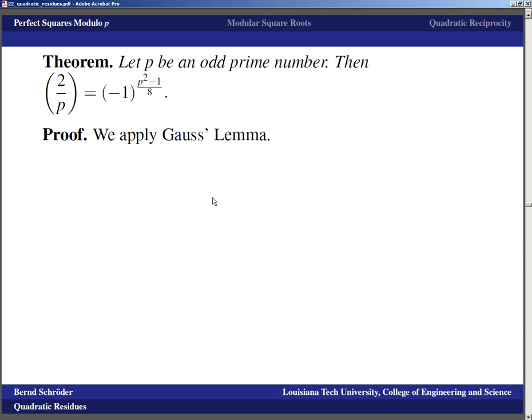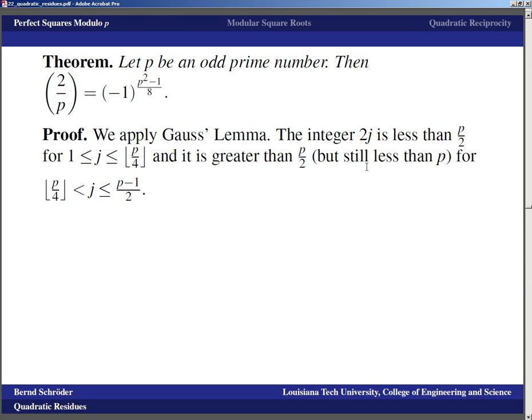Okay, so proof. We certainly apply Gauss' lemma here. And, well, what do we know? We look at the integers 2j. The integer 2j is less than p over 2 as long as j is between 1 and the greatest integer below p over 4.